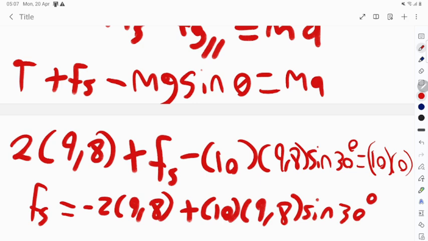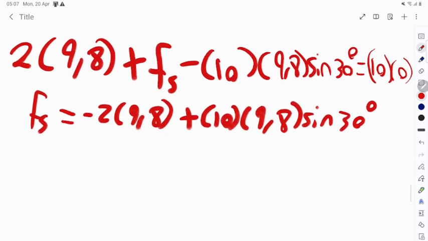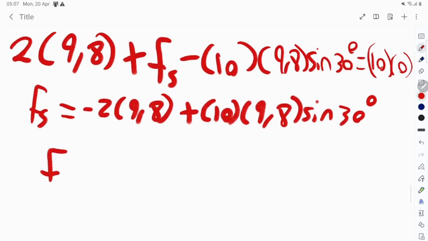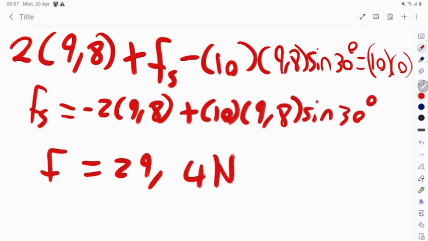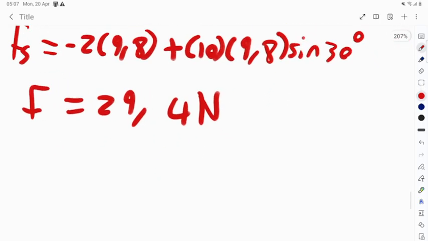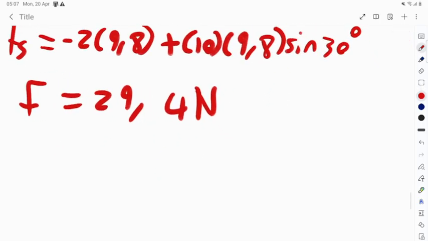The other side is 0. 10 multiplied by 0 will just give me 0. Then my force of friction, if I add everything up, will be 29,4 newtons, and this will be up the slope. So that will be my force of friction.